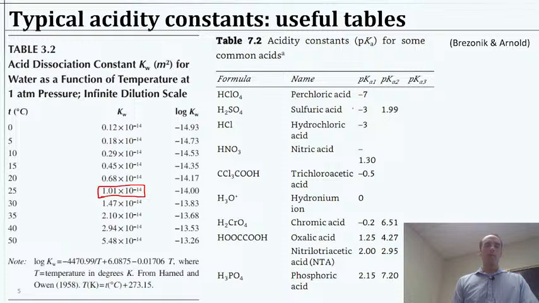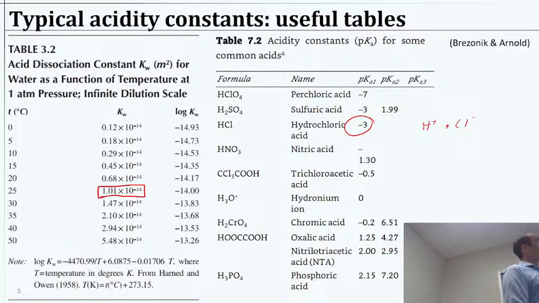We can see some of these acids, hydrochloric acid, for example, has a pKa of some negative value. So you would have to have a negative pH before you ended up with HCl remaining in solution. It's going to almost all, well, practically all be H plus and Cl minus. Kind of getting ahead of myself here, but that means it's a strong acid.